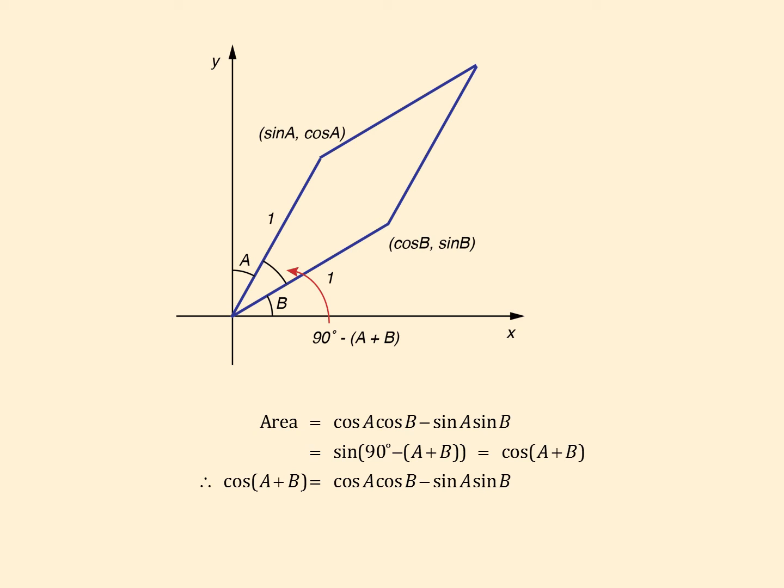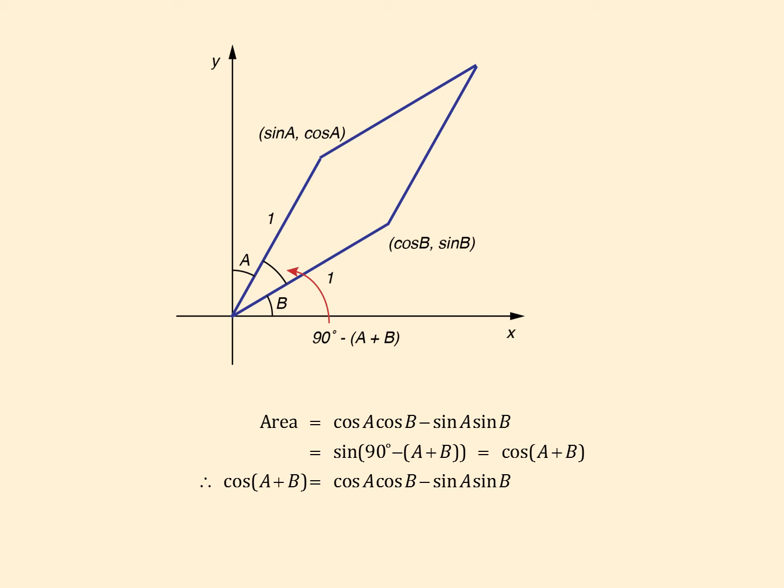So the corners are cos B, sine B and sine A, cos A. And the angle in between is 90 degrees take away A plus B. Applying the formula, the area of the parallelogram is cos A cos B minus sine A sine B.